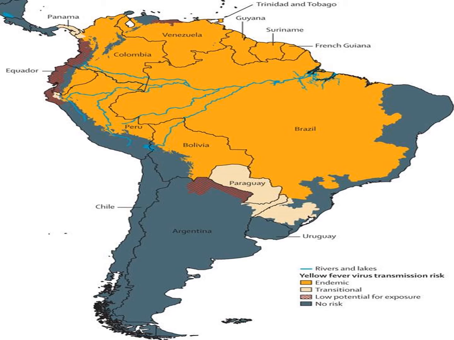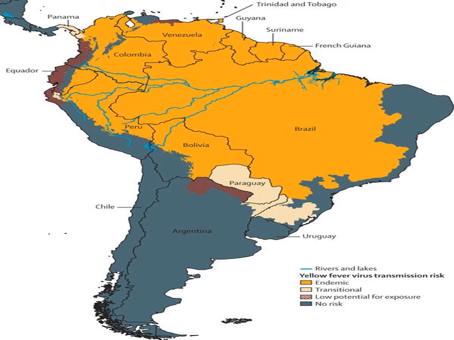This is Africa. The endemic part is in yellow. This is the yellow part where it is endemic.